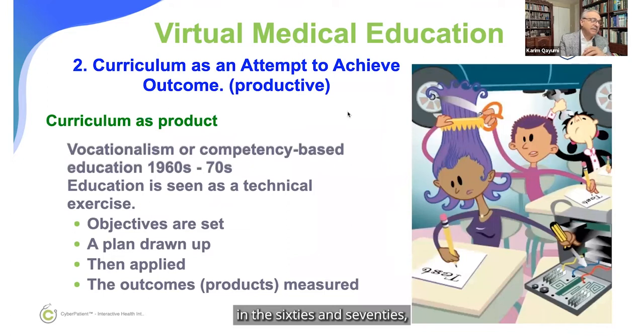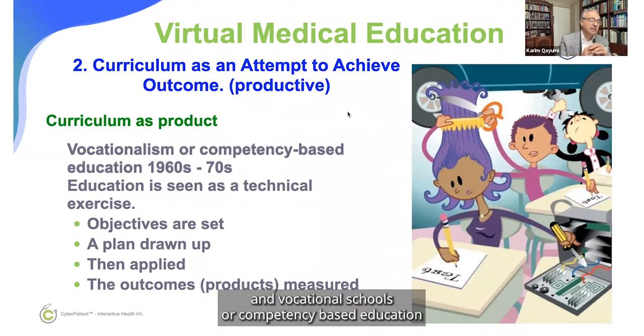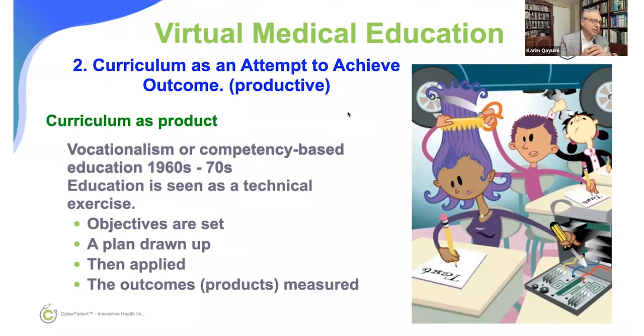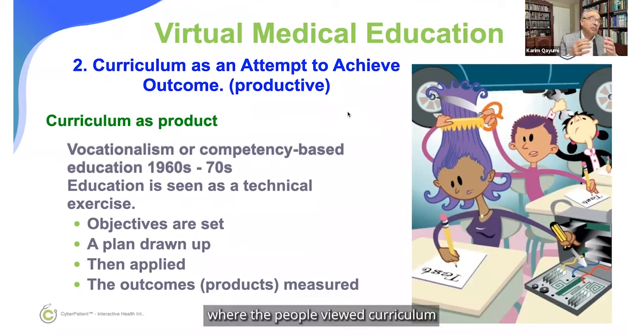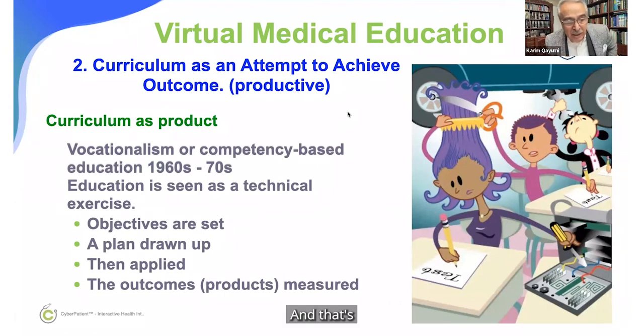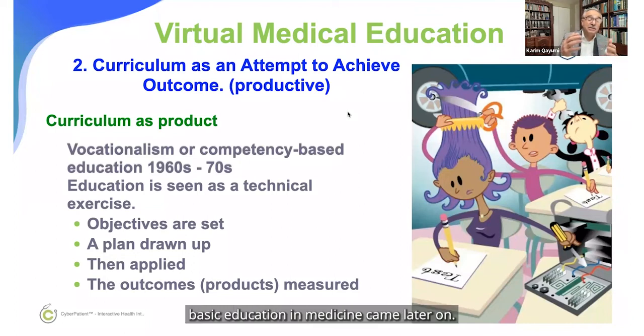In the 60s and 70s, new ideas came about vocationalism and vocational schools, or competency-based education, where people viewed curriculum as an attempt to achieve outcomes, and that's how competency-based education in medicine came later on.